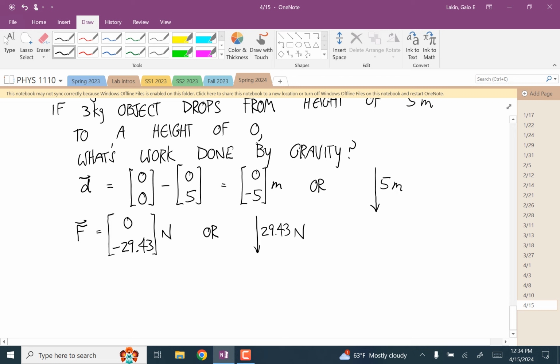Now that we have the displacement vector and we have the force vector, we can calculate the work.